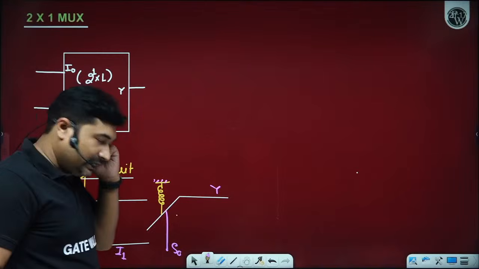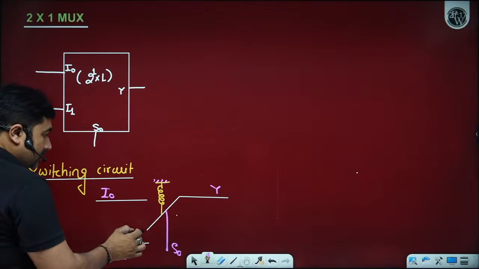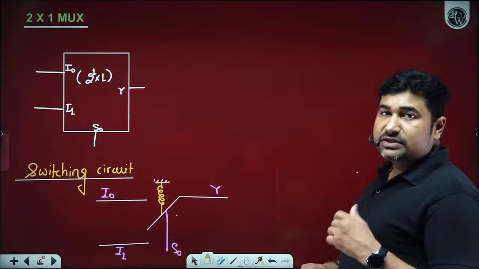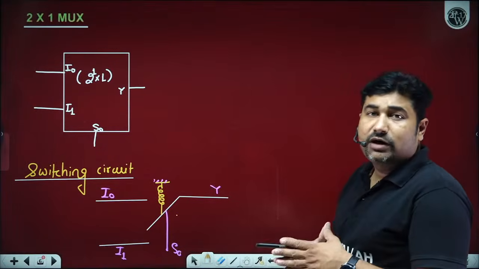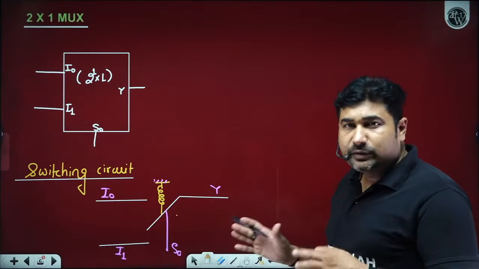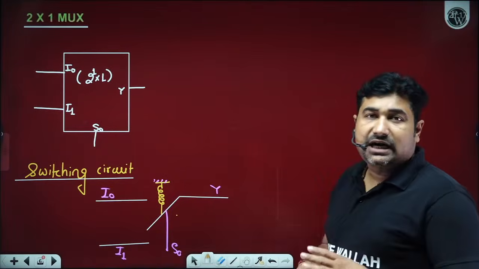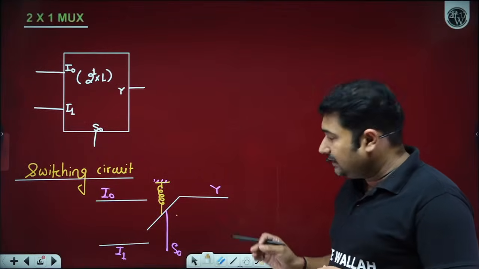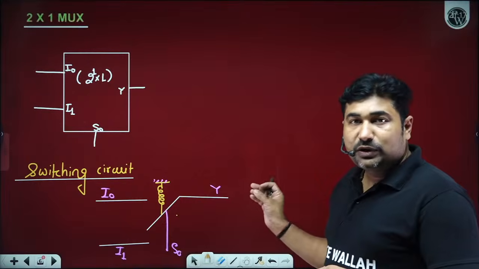Is it okay? Yes, sir. So if S0 is equal to 0, whatever information is on the input pin I0 is transferred to output Y. In case the S0 pin is equal to 1, then the switch connects the output to the I1 pin.